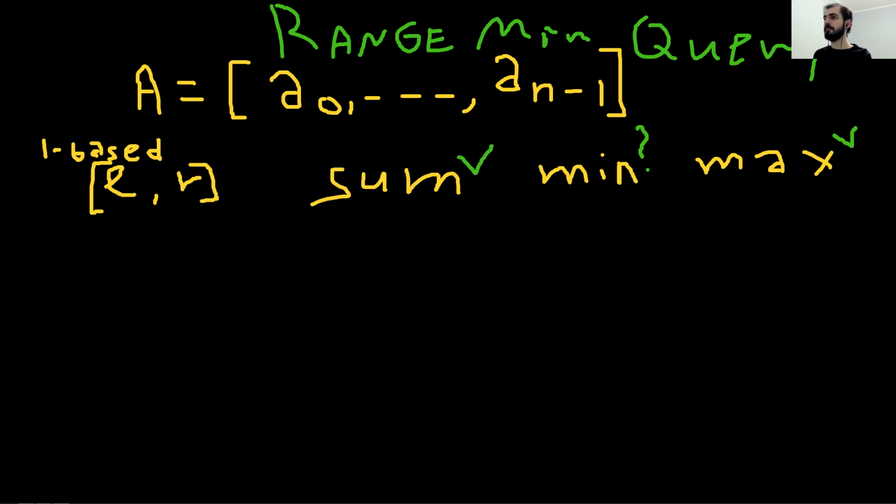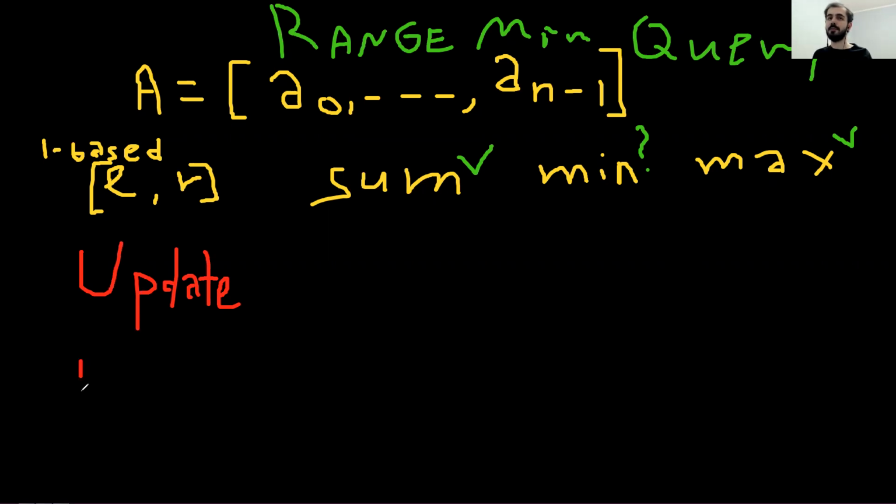But now the other game changer comes into play, and this is nothing but update queries. Update queries are pretty evil. I mean, they look evil. You can already tell that they look evil. Now, there are different kinds of update queries.